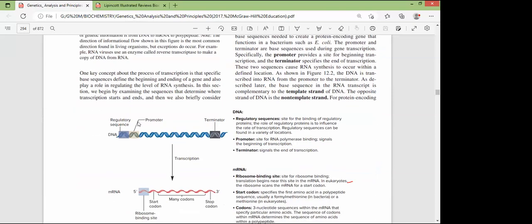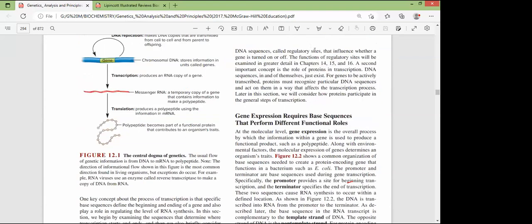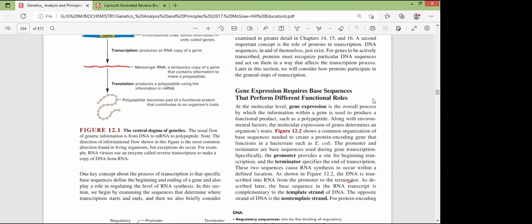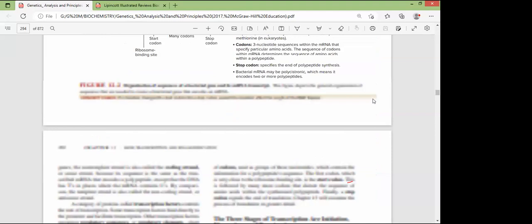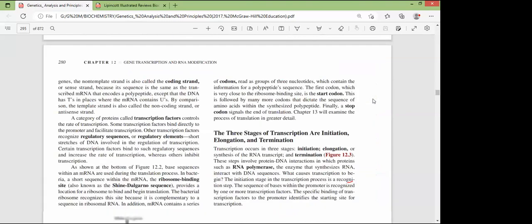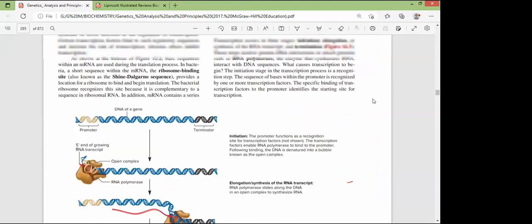Now for transcription is where we have a few terms that we need to memorize. That there are 3 stages of transcribing a gene.